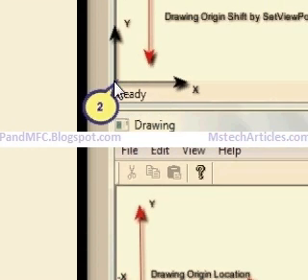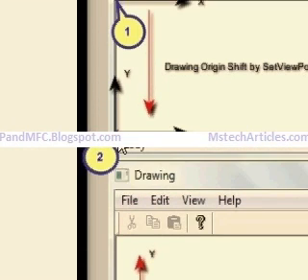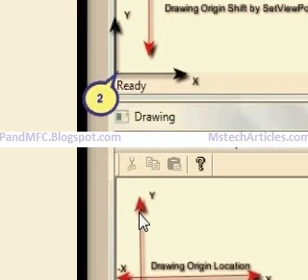Now if you see this origin, this is positive x and this is positive y. I'm specifying minus 100. That means this side in the x direction, and minus 100 on y. That means here, minus 100. This point I am setting as the window origin.